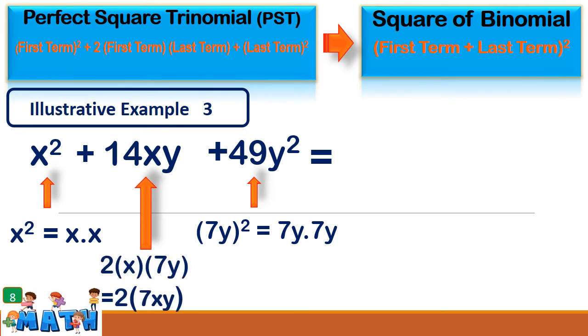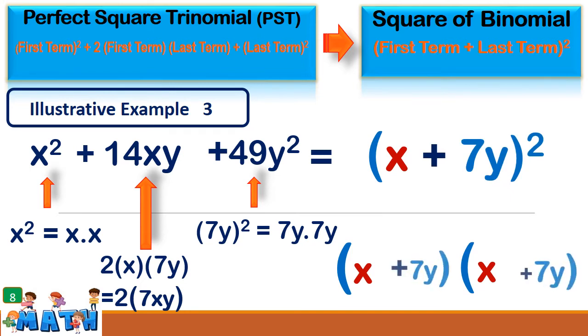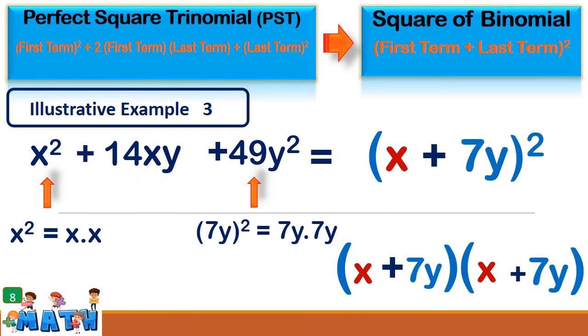And checking for the middle term, so we have x times 7y is 7xy times 2 is 14xy. So we have a perfect square trinomial. And writing the factors following the pattern, so the first term is x and the last term is 7y. So we have the quantity x plus 7y squared or x plus 7y times x plus 7y, which is the square of binomial.